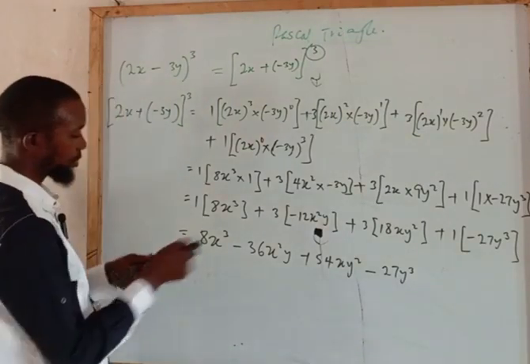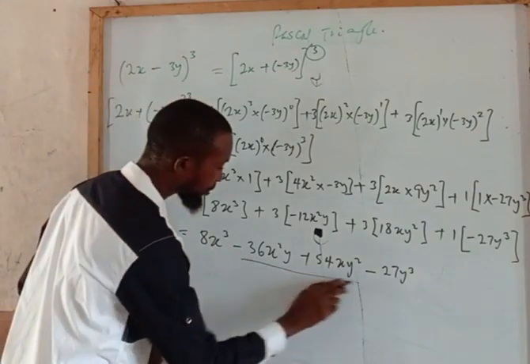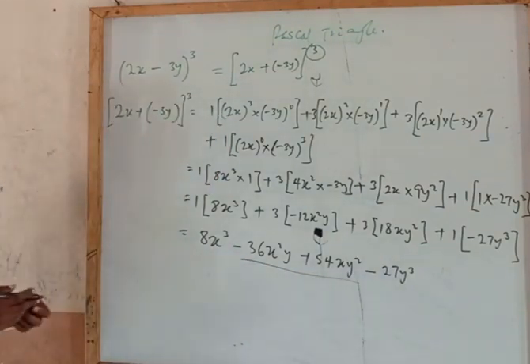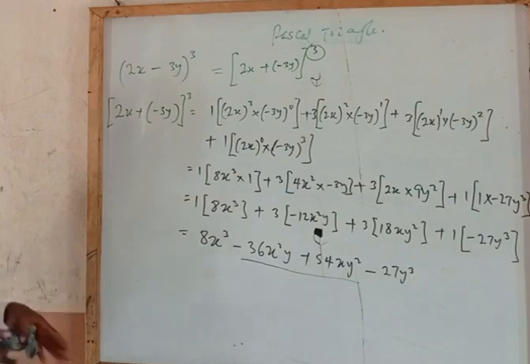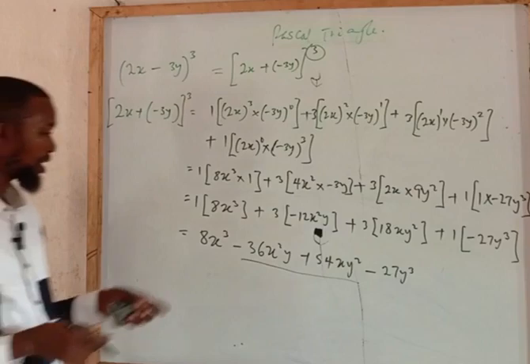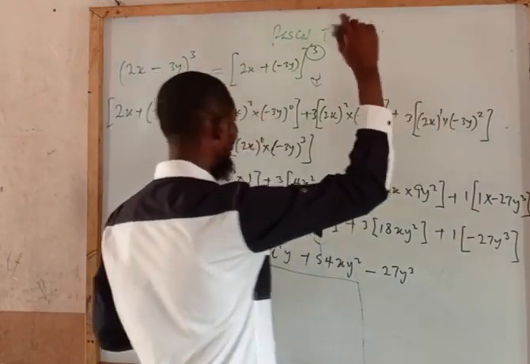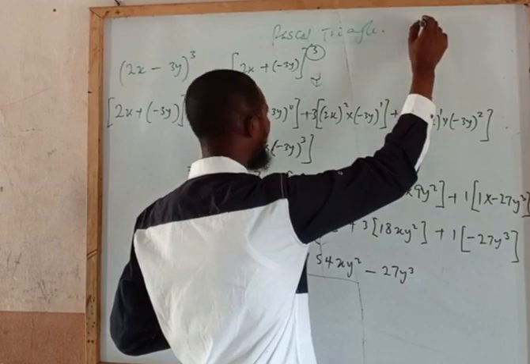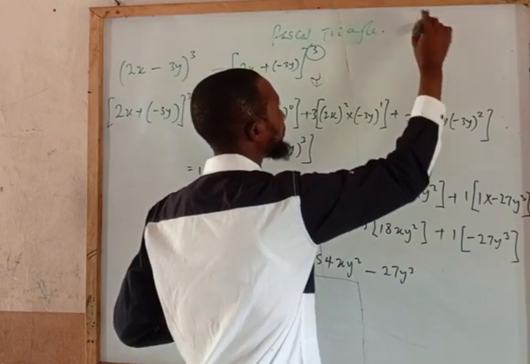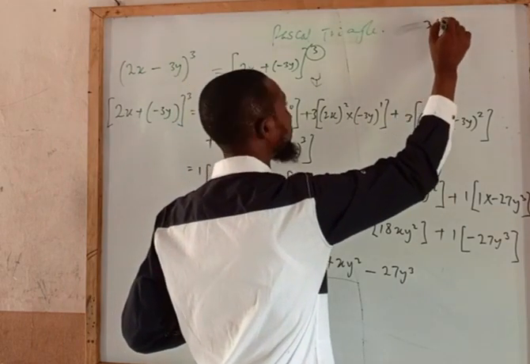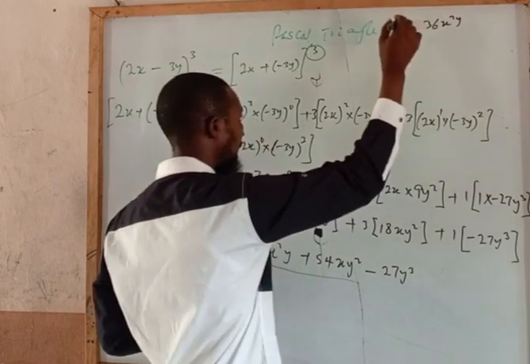But when we observe the middle terms, we have some items common. So in order to deal with this, we can leave it this way, and we can as well progress a step further. Now the 36 I have here, I can express it this way. 36 x squared y is what I have here.